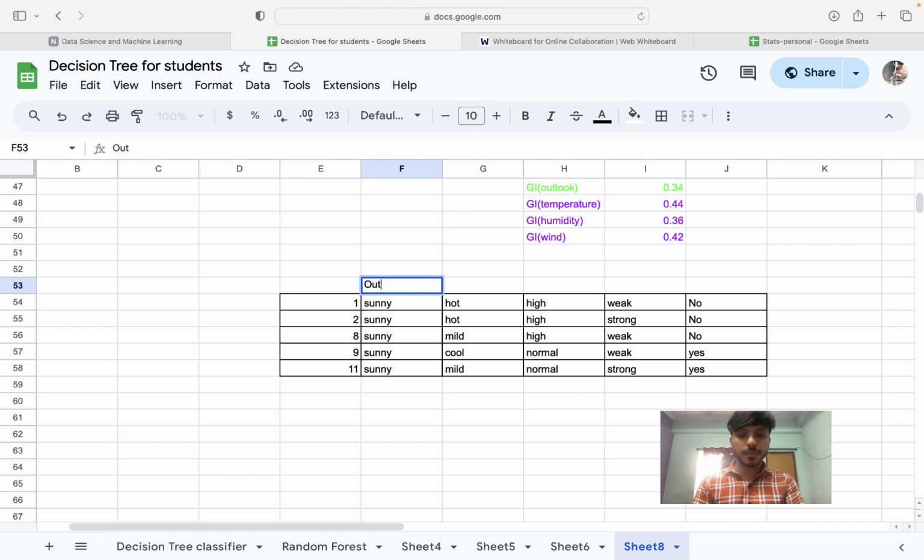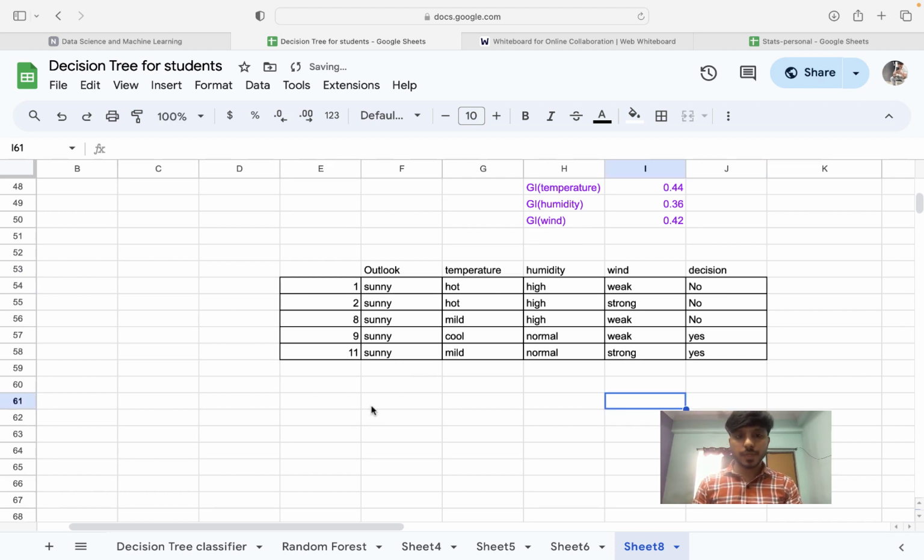Sunny is coming from the outlook column, this is from temperature, this is from humidity, this is from wind, and this is the decision column. So again, you calculate the Gini impurity based on these features, but we are not going to calculate again for outlook, because we already decided.